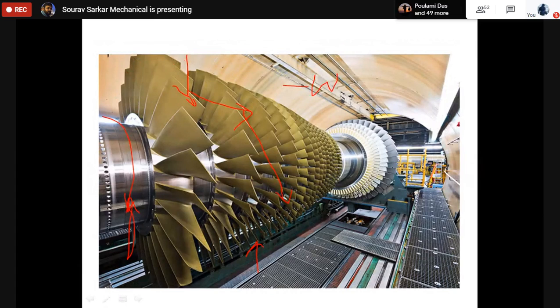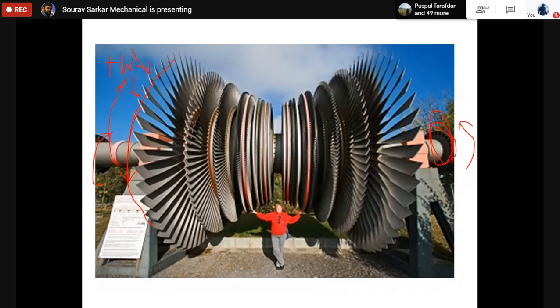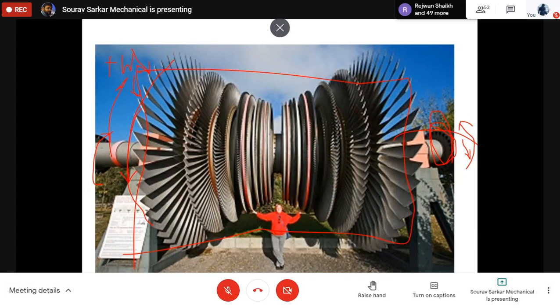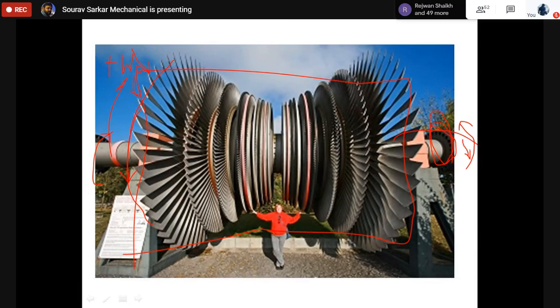If we consider a control volume like this, you are supplying power from outside to drive the shaft. Here, something is entering and leaving the control volume, and due to that it is generating some amount of power. So this is the difference between turbine and the compressor. Have you got the point?